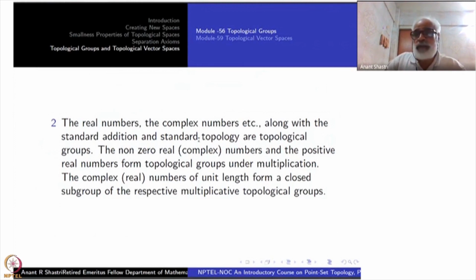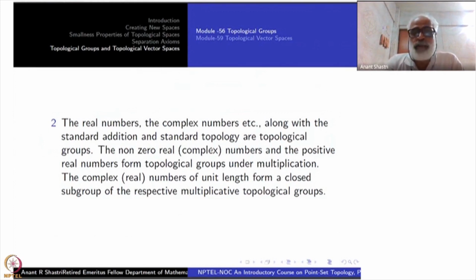The real numbers, complex numbers, these were the motivating examples for us for this abstract definition, right? Along with standard addition, and if you take a non-zero complex number, there is multiplication also. They are all topological groups, right?